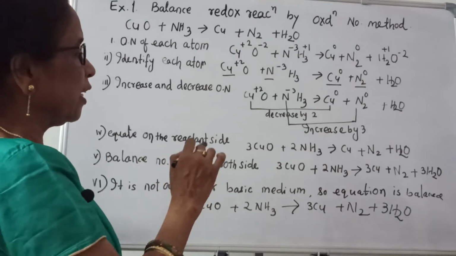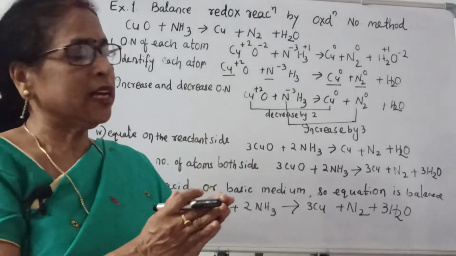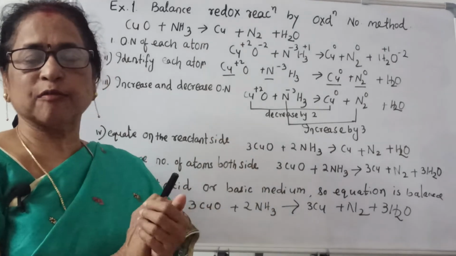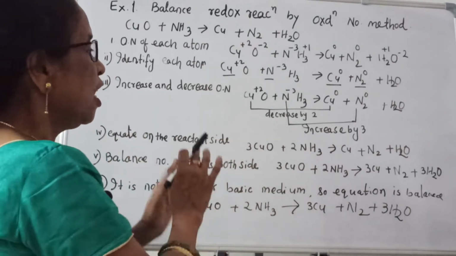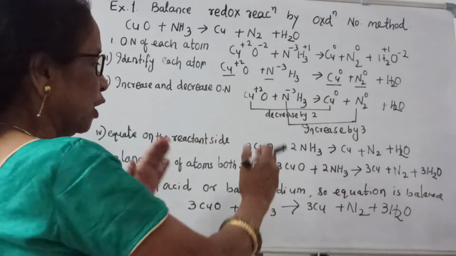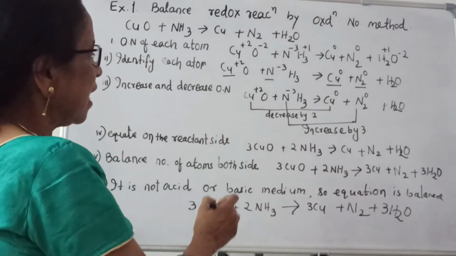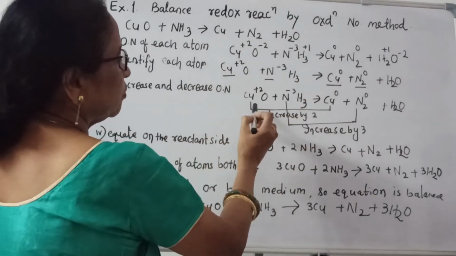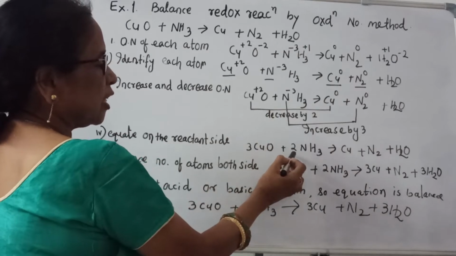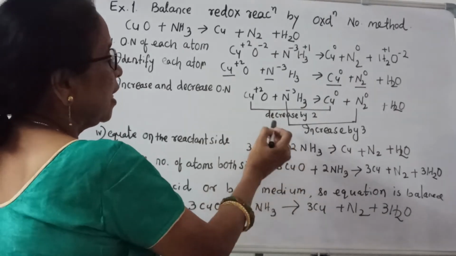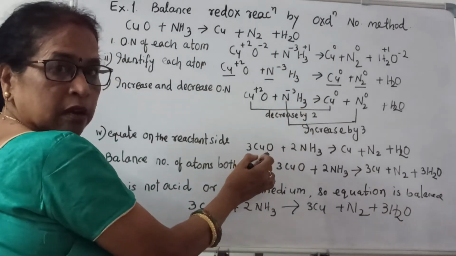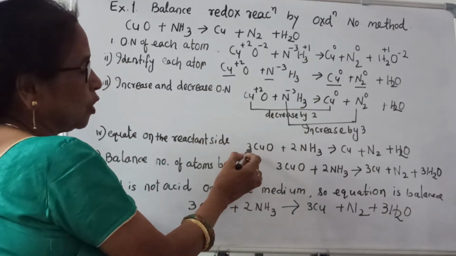Now we will equate the reactant side by multiplying by a small digit. You forget the product side and see only the reactant side. Here it is decreased by 2, so the ammonia is multiplied by 2. Here it is increased by 3, so copper oxide is multiplied by 3.